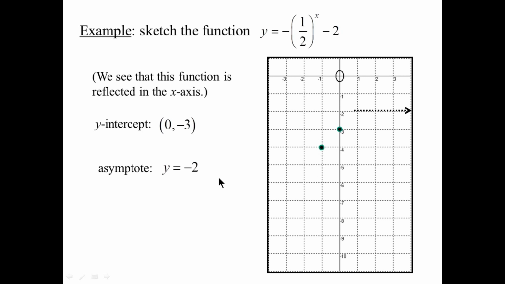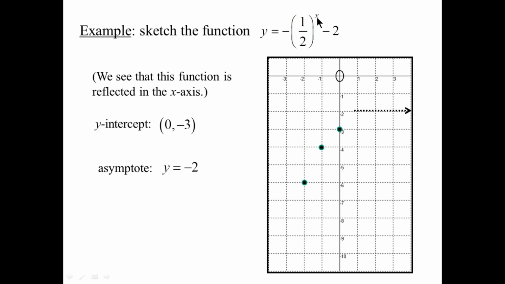We can get another lattice point quite easily, because if we subbed in -2 for x, this is inverted and squared. So if we invert this, we got 2, and then square that, we got 4. So -4 subtract 2 is -6. So another lattice point exists at -2, -6. Right there, there will be another lattice point. And what the heck? We might as well get a third lattice point because they're easy to get.